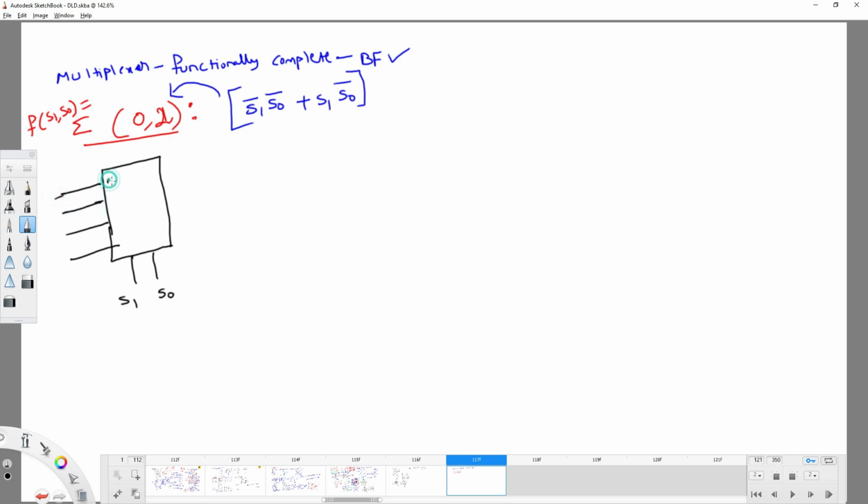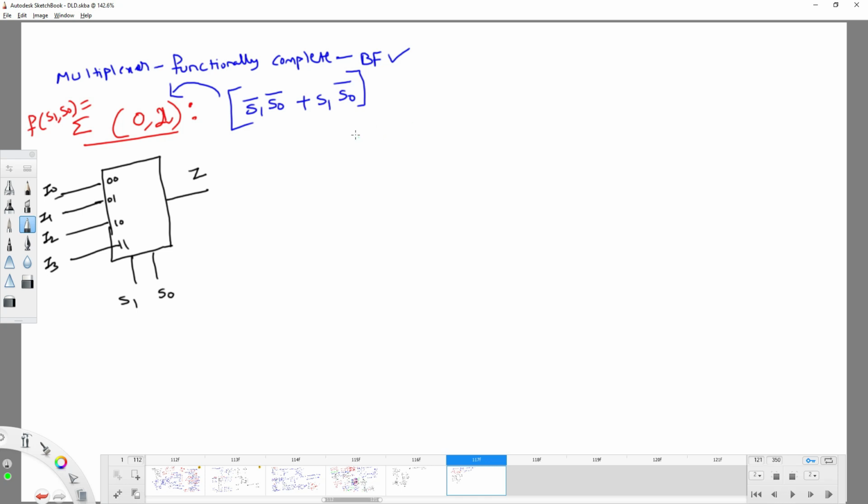These 4 input lines are named 00, 01, 10, 11, and you are going to get a certain output as J. Now observe these are the inputs I0, I1, I2 and I3. So what is the meaning of 0 comma 2? If I pass either 0 or 2, I need to get the output as 1. Is it right or not?